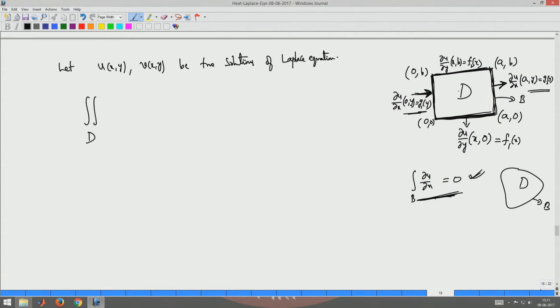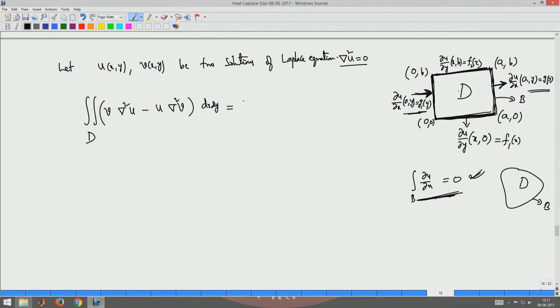If you take this v and u, since it satisfies the Laplace equation, you can also write gradient square of u equal to 0, okay. So, the double integral over D of v gradient square u minus u gradient square v, this is Green's formula, dx dy, because this is a plane area.